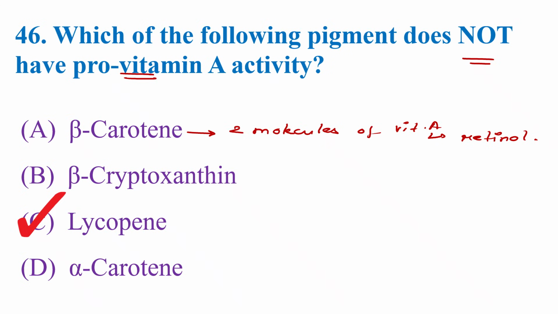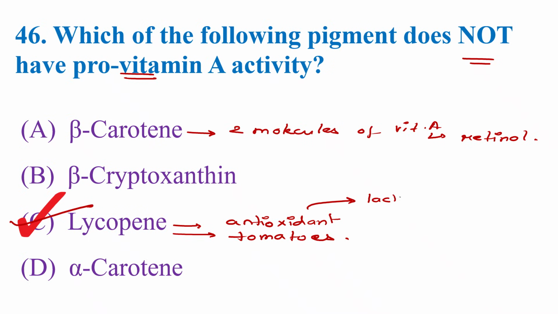It also has provitamin A activity, though less than beta carotene, but it can be converted to vitamin A. Next, lycopene. Lycopene is an antioxidant mainly found in tomatoes. This cannot be converted to vitamin A because it lacks a beta ionone ring structure.